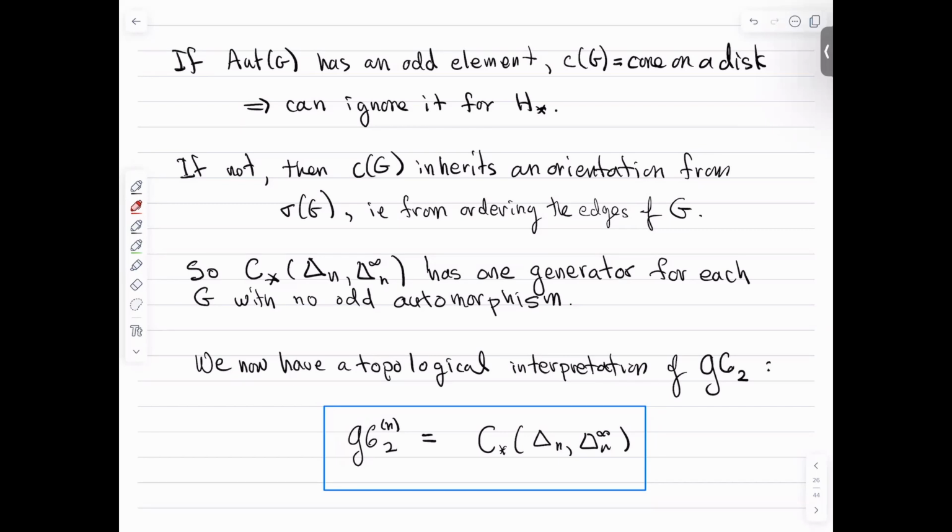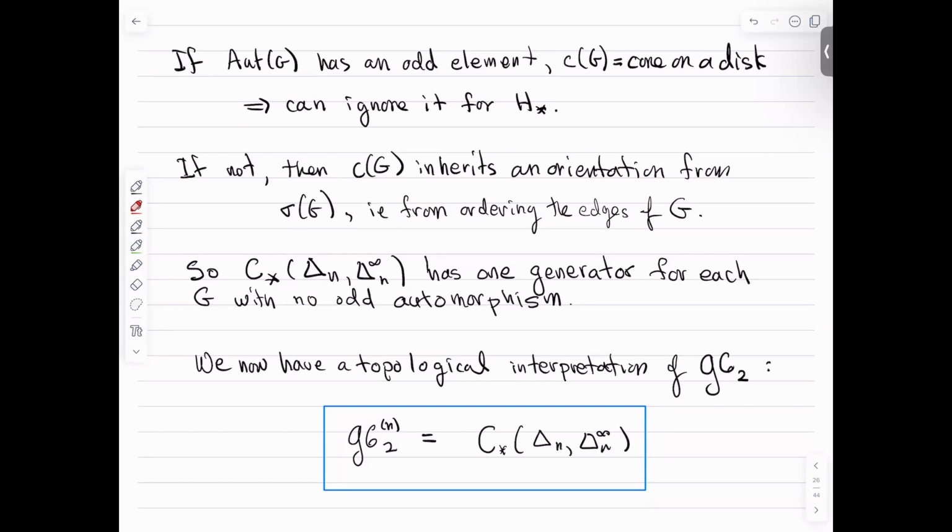So you get an orientation on these quotient cells. They're not cells, they're cones on homology spheres, or cones on homology disks. But as far as homology is concerned, they are cones on spheres or cones on disks. Cones on disks, you don't need them. If you're trying to compute the homology of some space, and one of your cells is a cone on a disk, you can just forget it. You don't need it.